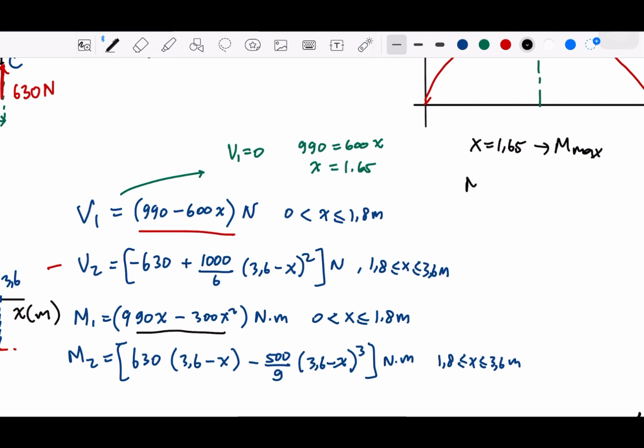So take the M, 990, or let's take the M1. What is M1?